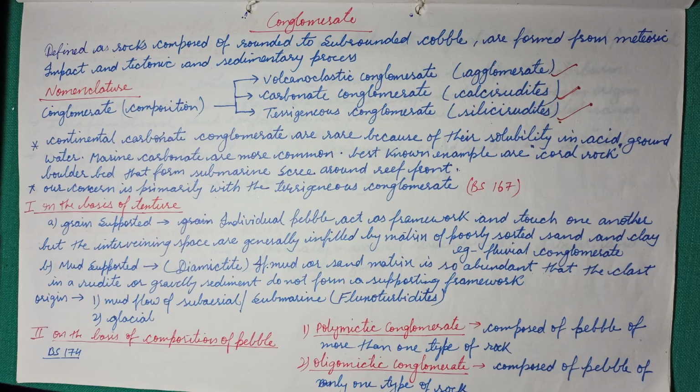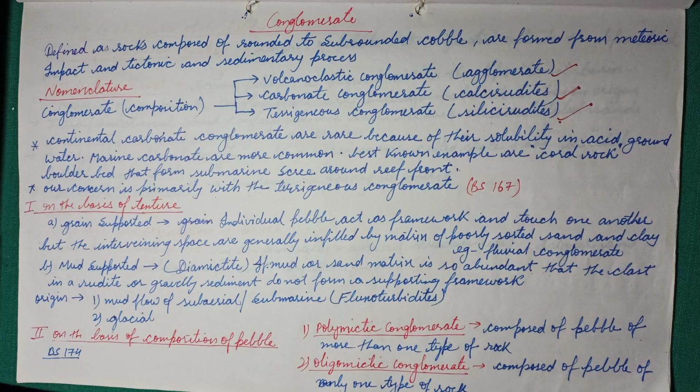Because the carbonate present in them is easily soluble. The water, maybe precipitation or the groundwater, both are responsible for their weathering and erosion, and they are very easy to erode. So generally we will see the marine carbonate. The marine carbonate will be common. Continental carbonate conglomerate will not be usually seen.